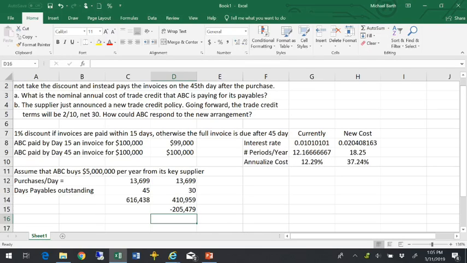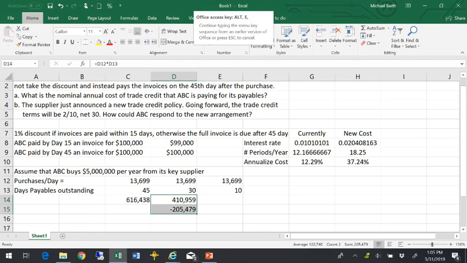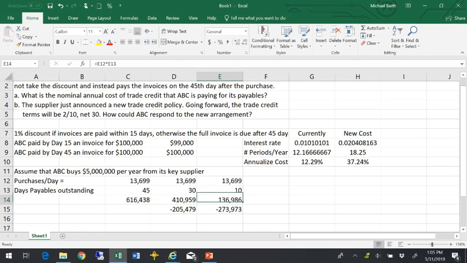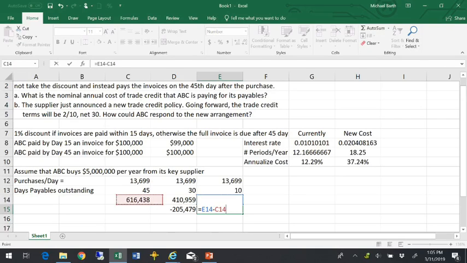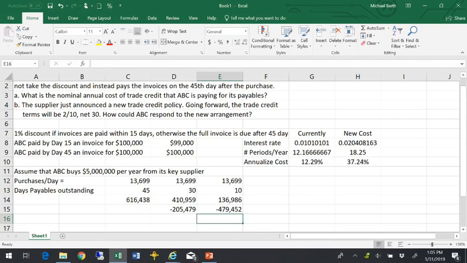On the other hand, as long as you're borrowing some money or raising capital otherwise, they could take it down to 10 days. That would mean that the accounts payable would have to go from $616,000 down to $136,000, which would be a decrease of close to $500,000.